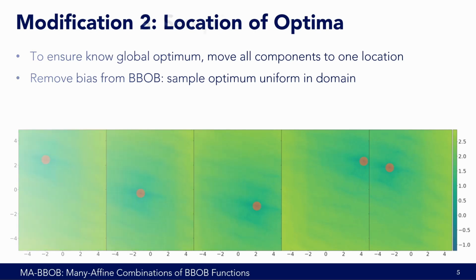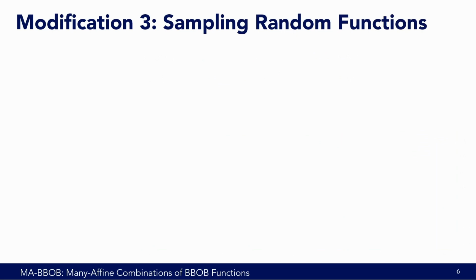And then as a final modification, we changed the way that we actually sample random functions, because originally this approach was proposed for combining 2 functions, because we can then still roughly understand what's happening. But if we want to be more general, then it's nice to be able to combine many functions together. So we change it so we can get weights for each of our 24 functions.